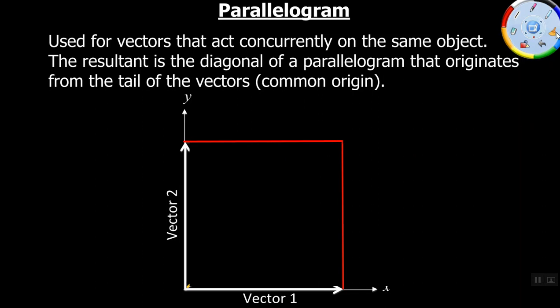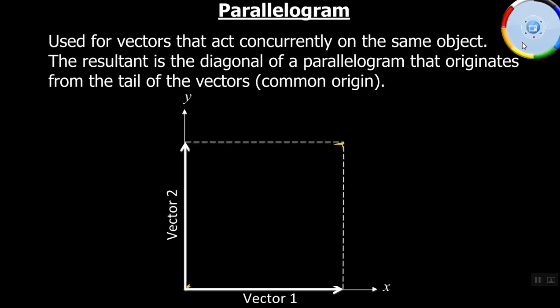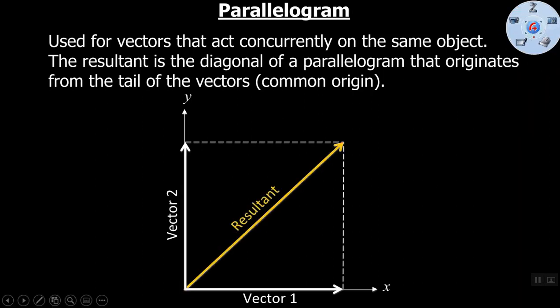I do that with a dotted line because that's not really my vector, and then from where they both started to where those lines met, I draw my resultant. So here the two tails touch each other and the heads point away from each other.